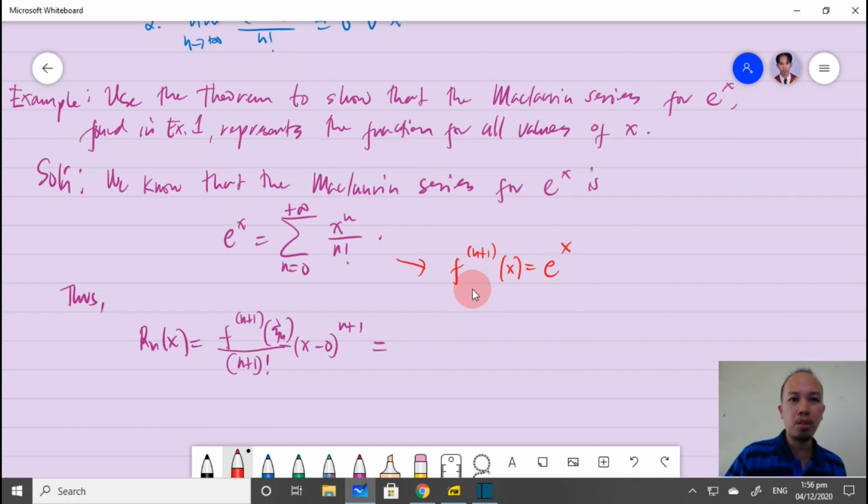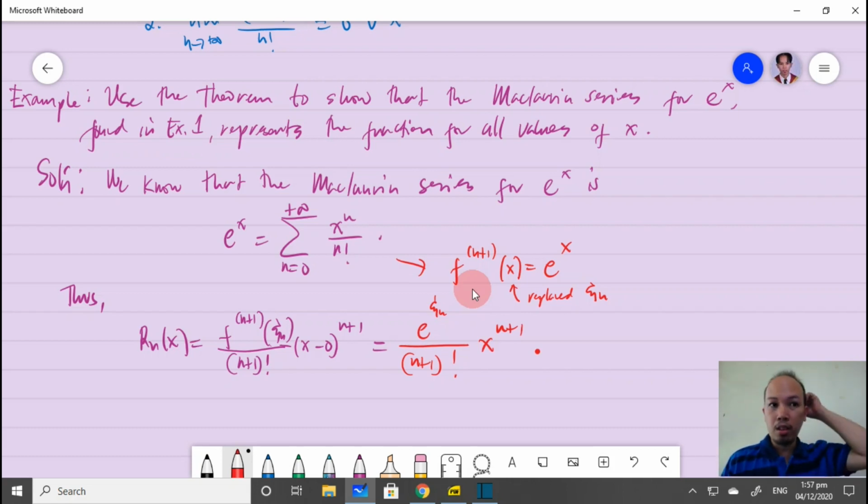So if we replace with psi sub n, we have e to the psi sub n, so the numerator becomes e to the psi sub n over n plus 1 factorial times x to the n plus 1. That's the formula for our remainder.